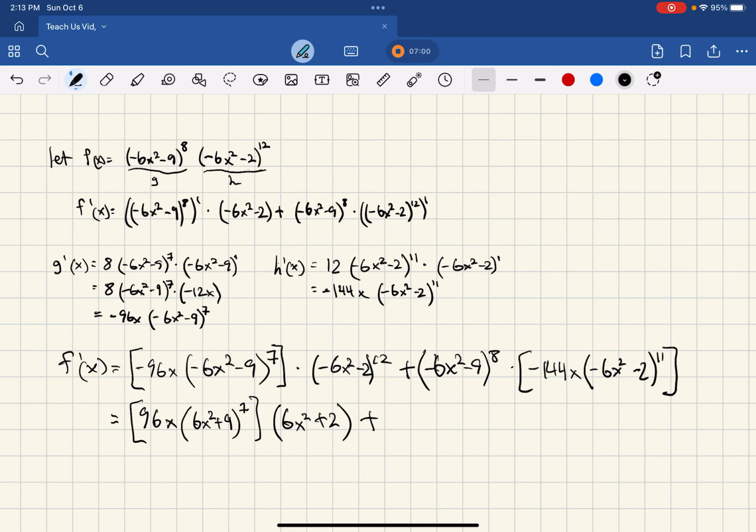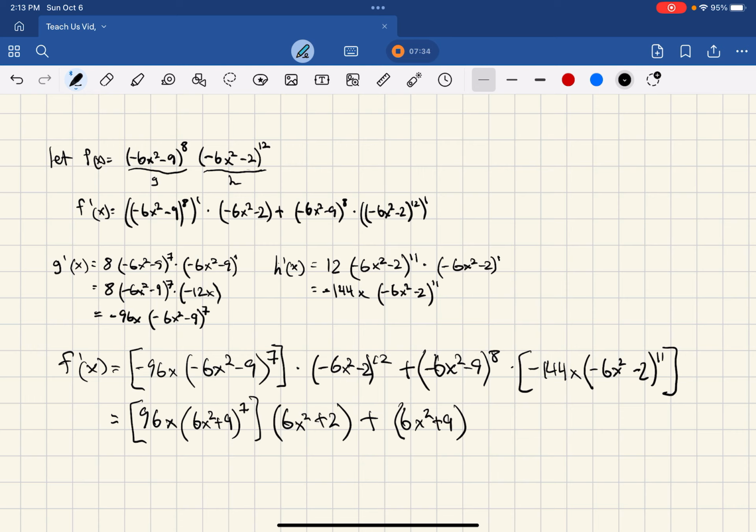Negative 6x squared minus 9 to the 8th power, same thing, the exponent is even, so we know our answer would be positive. So 6 times x squared plus 9. And then the last term, negative 6 times x squared minus 2 to the 11th power. Since the exponent is odd, our answer will be negative.